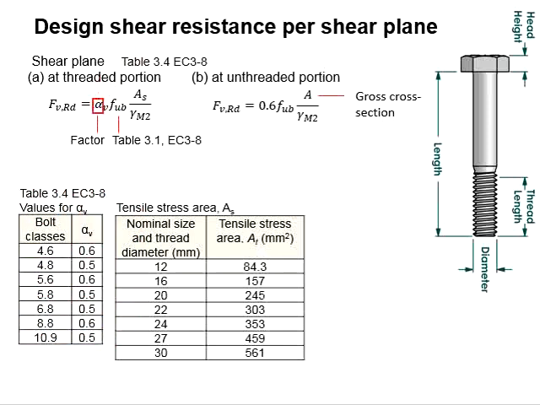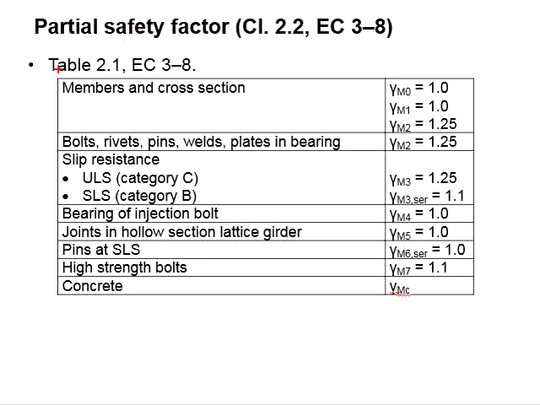The alpha V is normally 0.5 or 0.6 depending on the bolt class. The fub here represents the ultimate tensile capacity of the bolt, which can be referred from Table 3.1 of EC3 Part 8. The factor of safety, gamma M2, can be referred from Table 2.1 of EC3 Part 8, which is equal to 1.25.